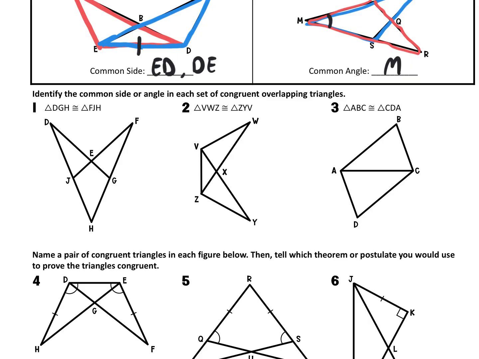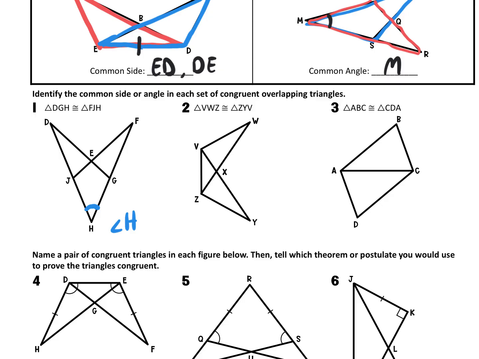Again, if it helps to outline them, go ahead and outline them. But what is the shared item in number 1? It is angle H here. So again, I can call this angle H congruent to itself. So the shared angle is angle H. What about number 2? How are they connected? What is their shared side or angle?